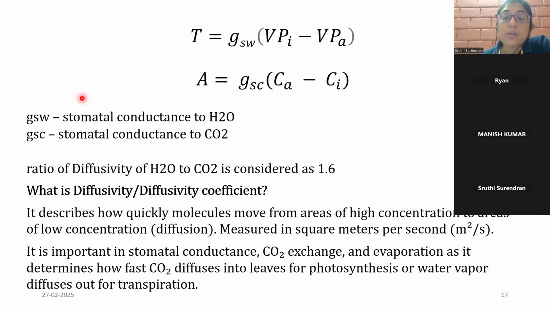Now we talked about stomatal conductance. One doubt that might keep coming into our heads is regarding the actual definition of stomatal conductance. So stomatal conductance is a rate, just like transpiration and photosynthesis are rates. But we also say that it is the opening and closing of stomata. So how can we represent stomatal conductance with respect to photosynthesis and with respect to transpiration?